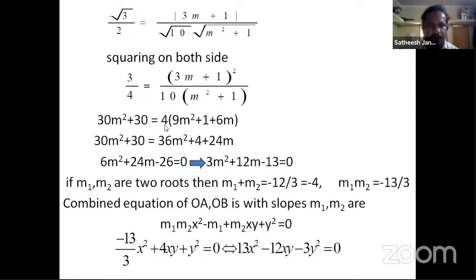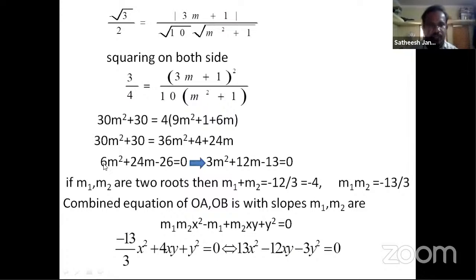Multiplying with 4, we get 36m² + 4 + 24m, equal to 30m² + 30. Taking to the right side, 36 minus 30 is 6m², the m term is 24m, and 4 minus 30 is minus 26, equal to 0.